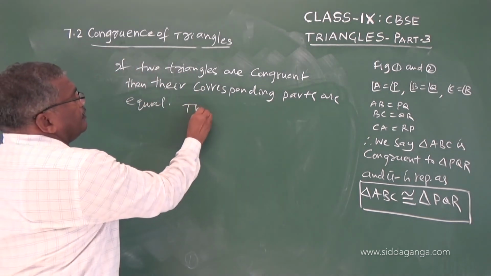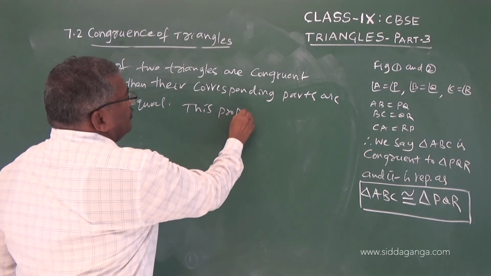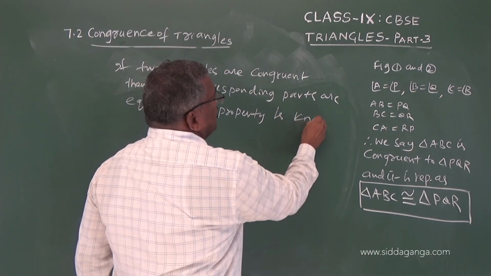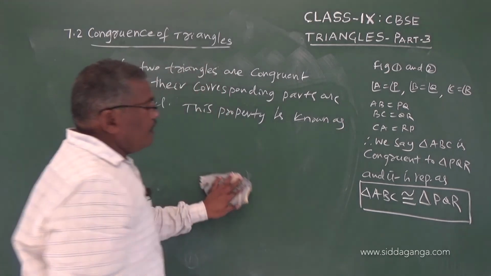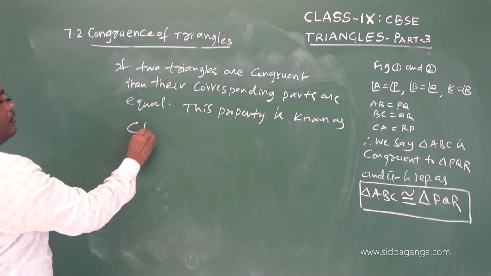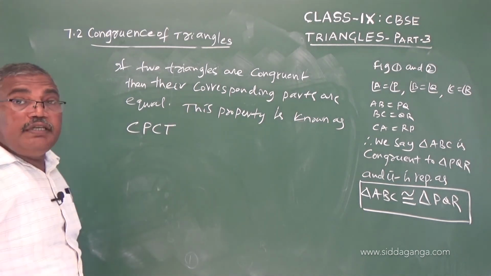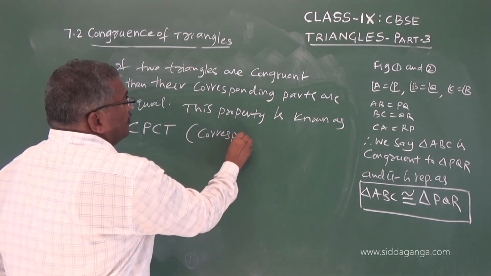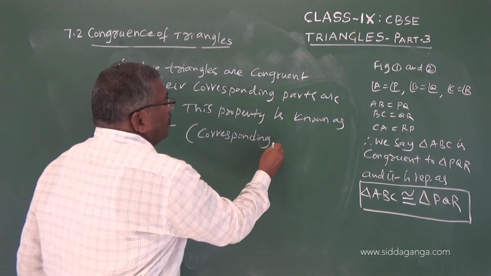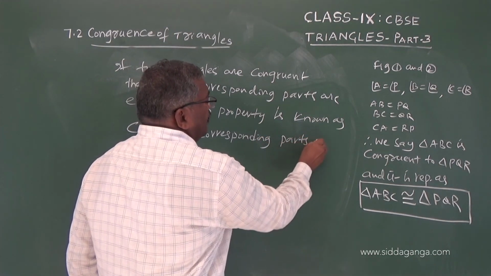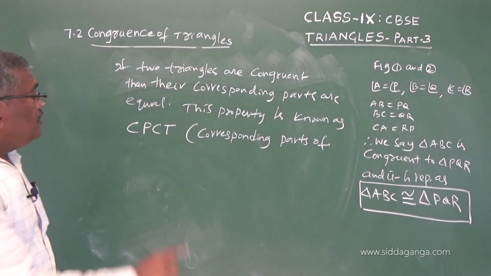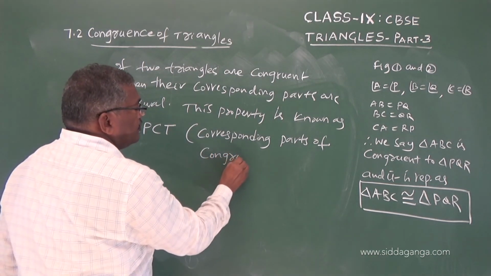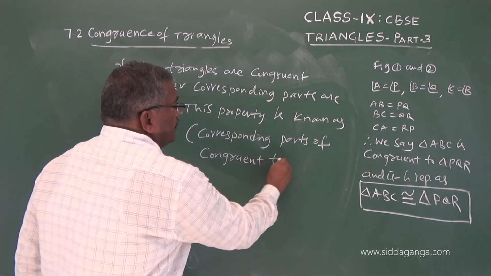This property is known as CPCT. In the bracket you write corresponding parts of congruent triangles.